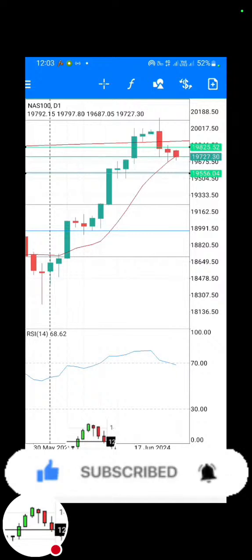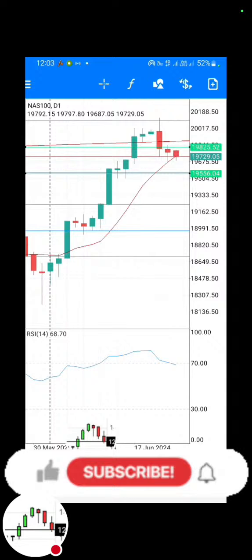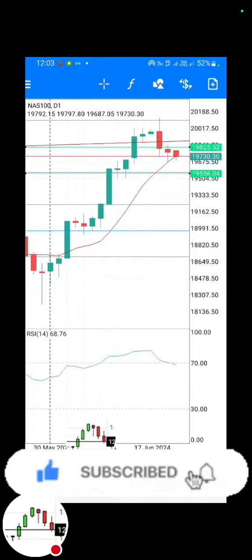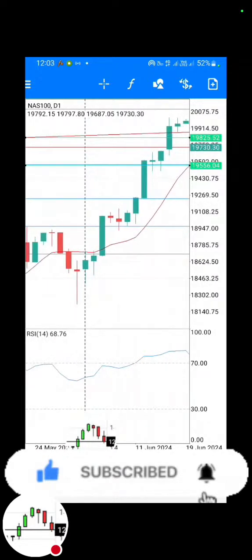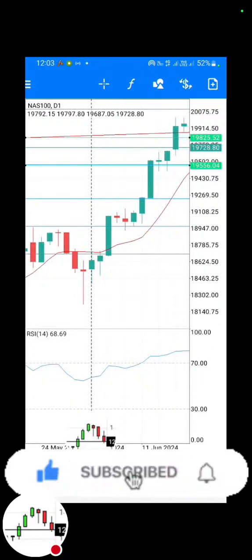This is a reversal strategy, guys. This is a very powerful reversal strategy. So you must learn these different types of candlesticks like doji, hanging man, shooting star. In this case, we are learning a doji candlestick, which is one of my favorite reversal candlesticks.